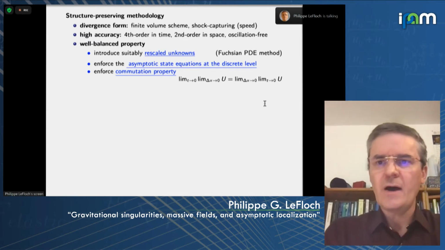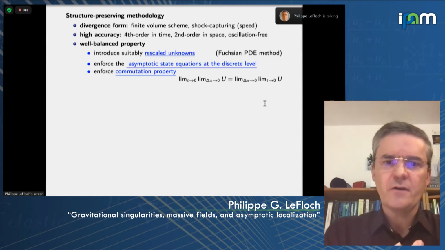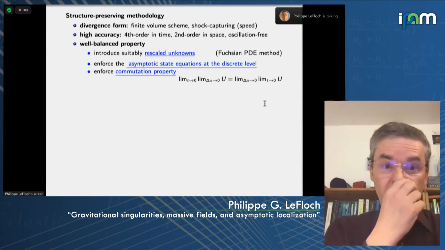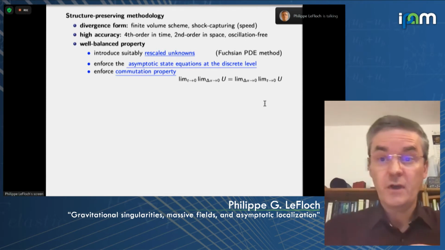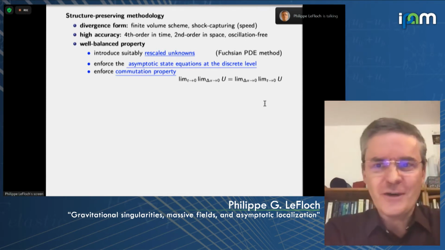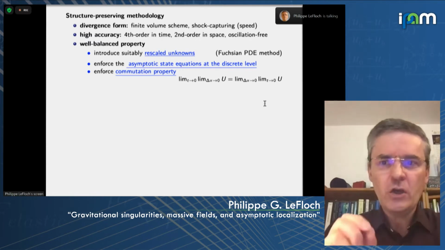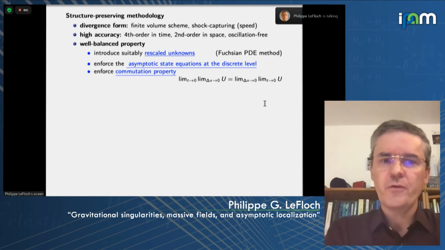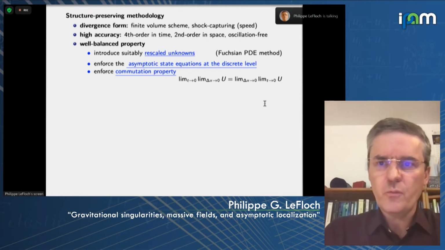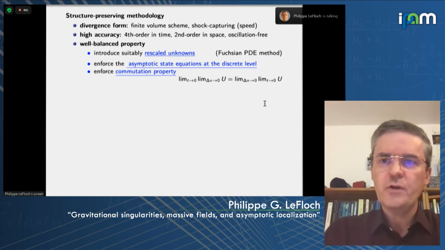The way I quantify this work for the Euler equations, and there are a lot of constructions that I cannot show you here, is that you want to enforce a commutation property. When you approach the singularity, t going to 0, or when you refine the discretization parameter, you would like these two limits to commute.